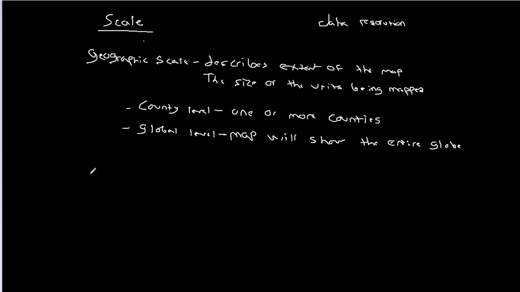Right, the other type of scale we talked about was this idea of map scale or cartographic scale. Cartographic scale, or sometimes you'll see this called map scale. We've already talked about this a little bit in previous videos, but cartographic scale or map scale is this mathematical relationship between the size of an object on the map and the size of the object in the world.